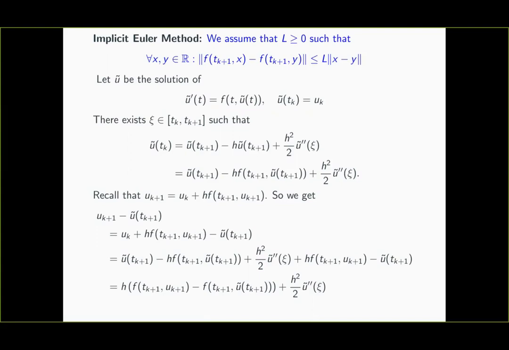And we can do some simplifications again, and so the local discretization error can be rewritten as h times f at t_{k+1}, u_{k+1} minus f at t_{k+1}, u tilde at t_{k+1}, and then still this additional term plus h squared over 2 u tilde prime prime of xi.